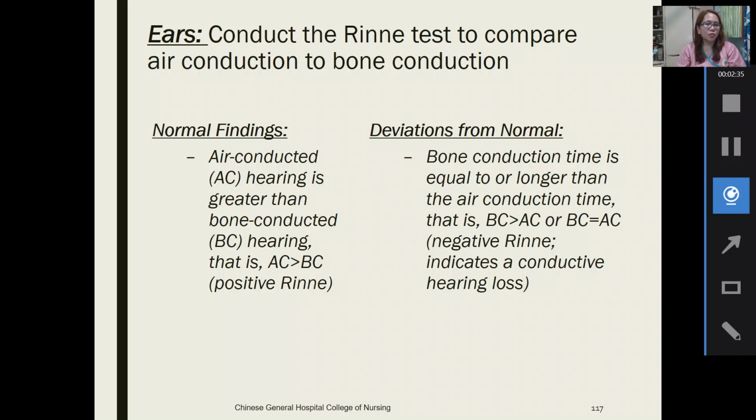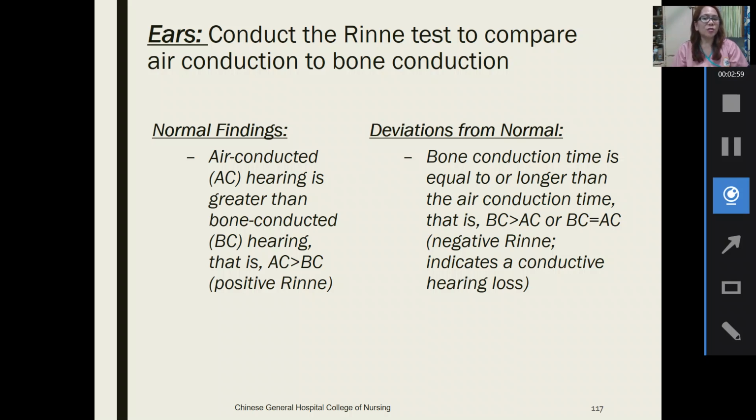Okay? The normal findings is that the air conducted or AC hearing is greater than bone conducted or BC hearing. Yun yung dapat mas malakas yung air, no? It means that is normal or positive Rinne's test. Okay? So, deviation from normal.